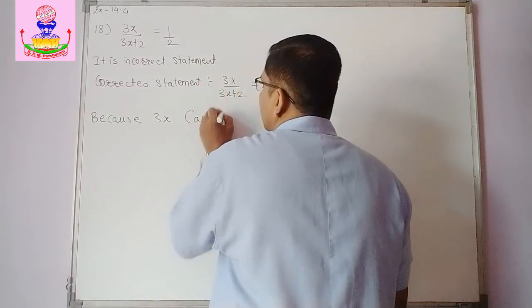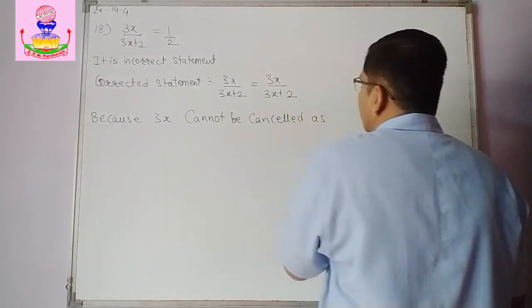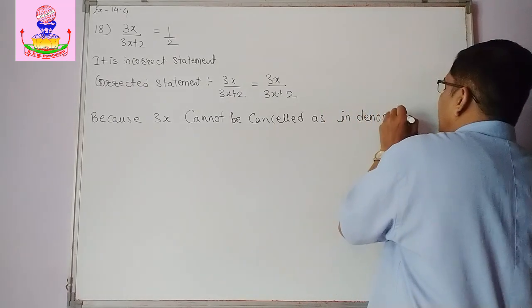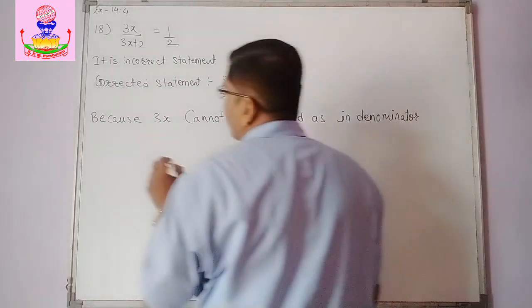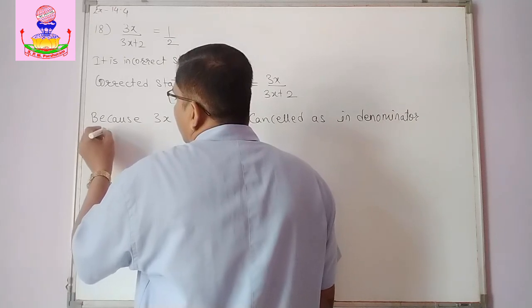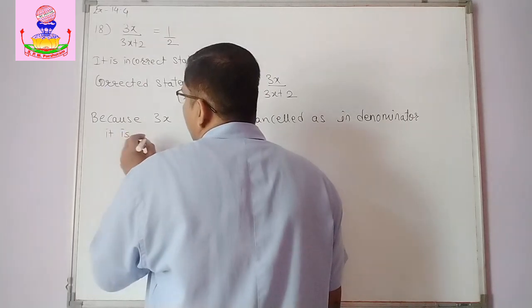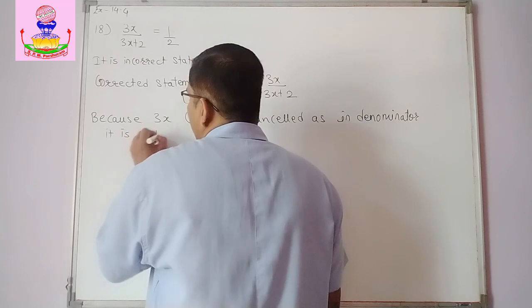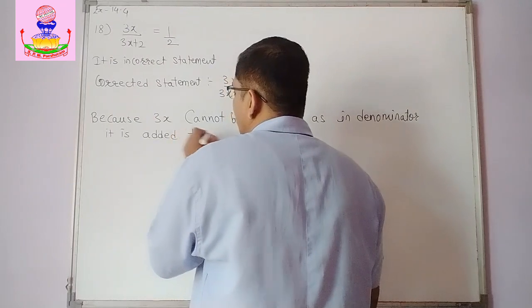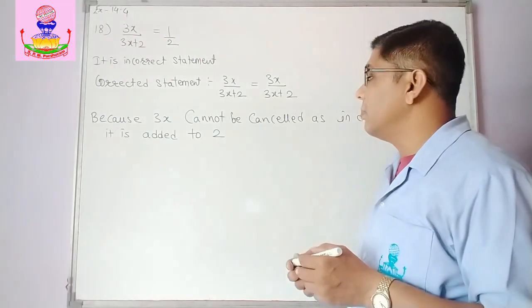because 3x cannot be cancelled, as in the denominator it is added to 2, which means a plus sign is there, hence we cannot cancel it.